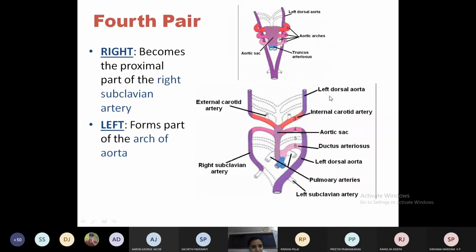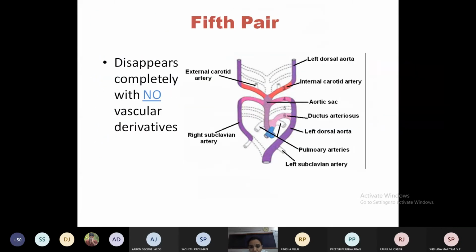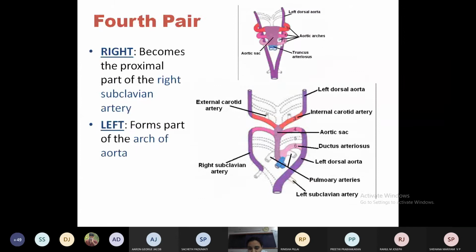External carotid artery will develop as a bud from the common carotid artery, from the third aortic arch. So, third one: the proximal part forms the common carotid, the distal part and the dorsal aorta above that form the internal carotid. External carotid appears as a bud from the third aortic arch. This is the same on both sides.